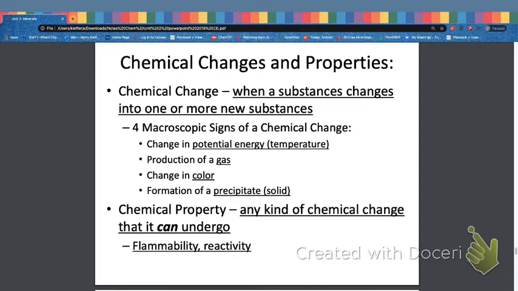Knowing that if I mix them together, they're going to produce bubbles, that would be a chemical property of baking soda and a chemical property of vinegar. Okay? So the property is the ability to interact with some other substance and have one of these changes occur. All right?